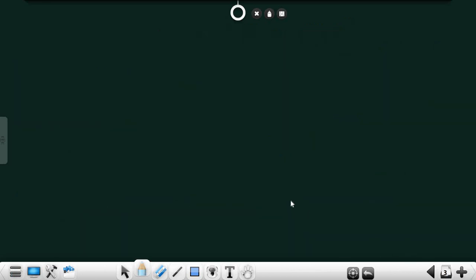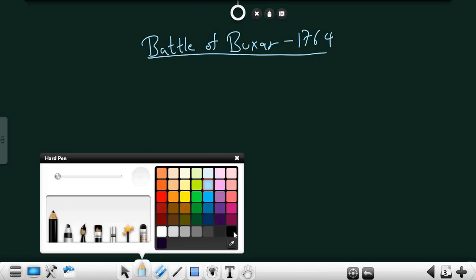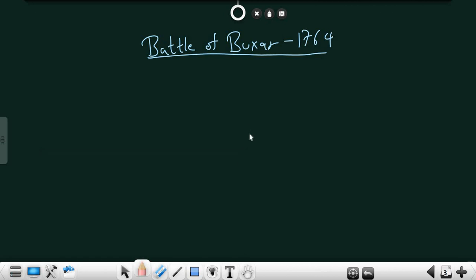So let's move to the next topic, that is Battle of Buxar. It was fought on 1764. So let's start with the causes.